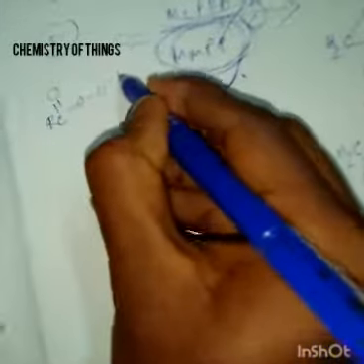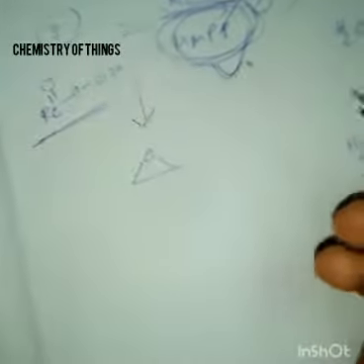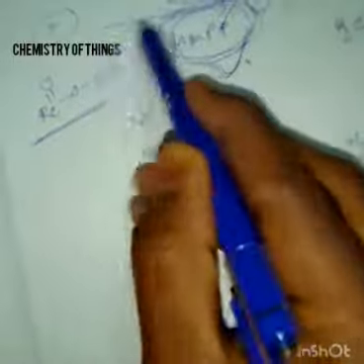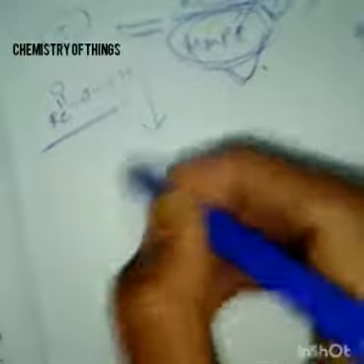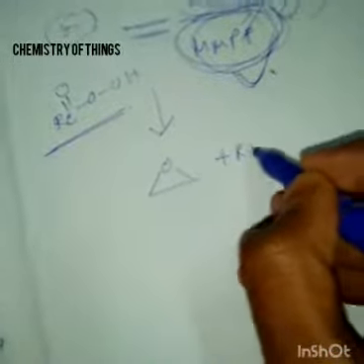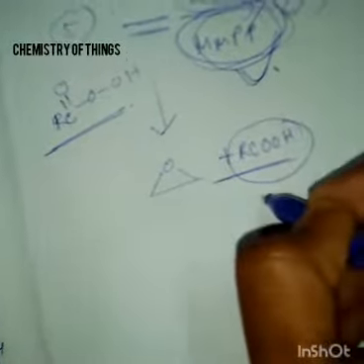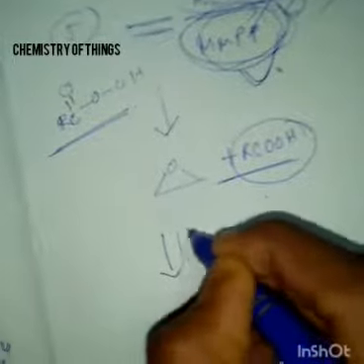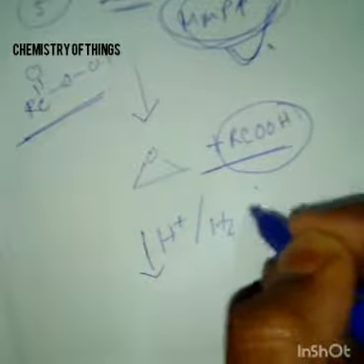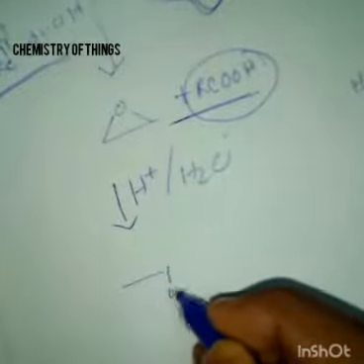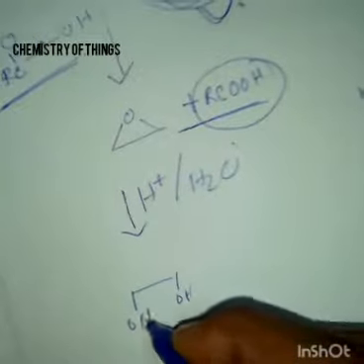The structure is somewhat like this. So this will convert this alkene to this epoxide, also forming a byproduct of RCOOH. Here again, from this you can convert it to diol by H plus, H2O. It's actually very easy. You can do this very easily.